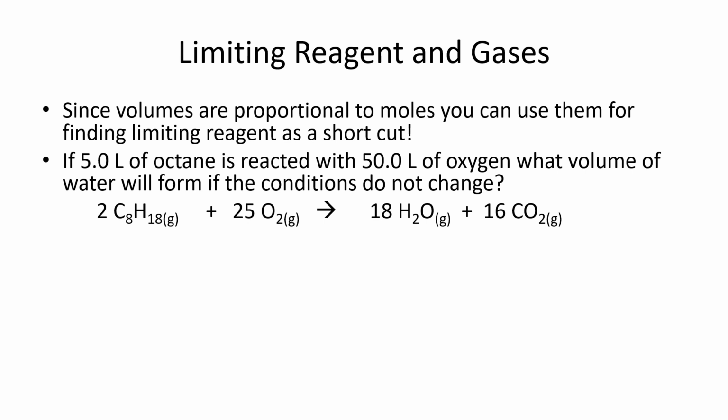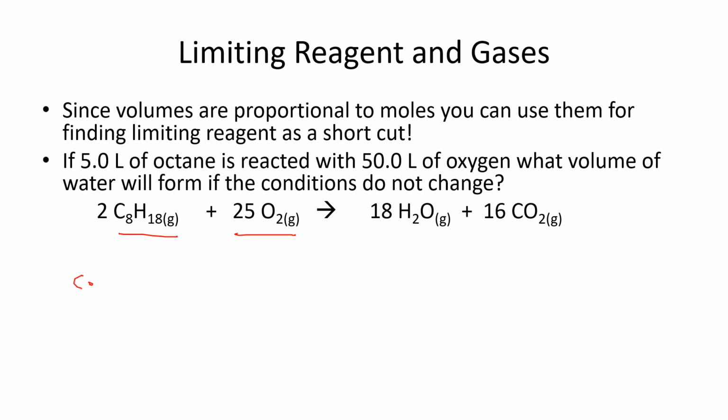Alrighty, now if you have a reaction where both of the reactants are gases, then you can use that as a shortcut for finding limiting reagent. You don't have to convert to moles first. You could just use the mole ratio from the equation, right?